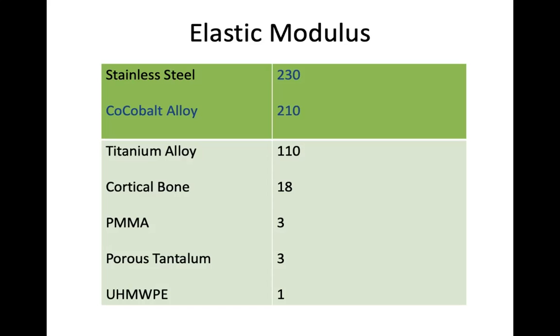And just as a review of elastic moduli, stainless steel and cobalt chrome alloys are relatively stiff. Titanium is less stiff. Cortical bone is much less stiff. And polyethylene is even less stiff.